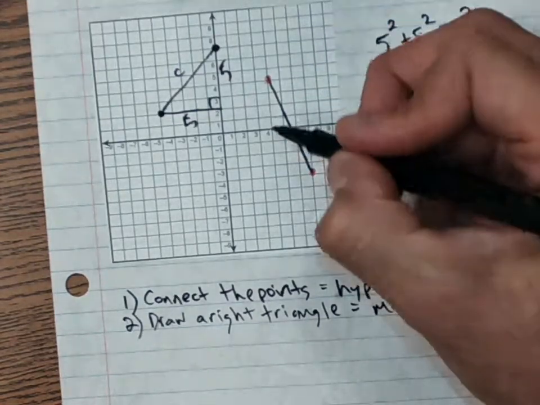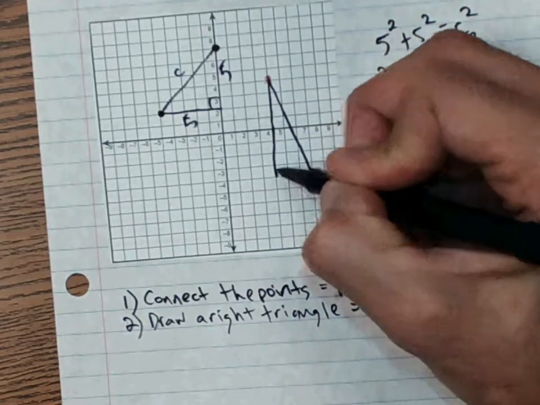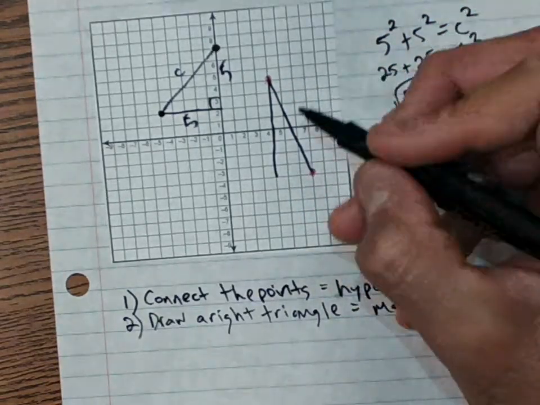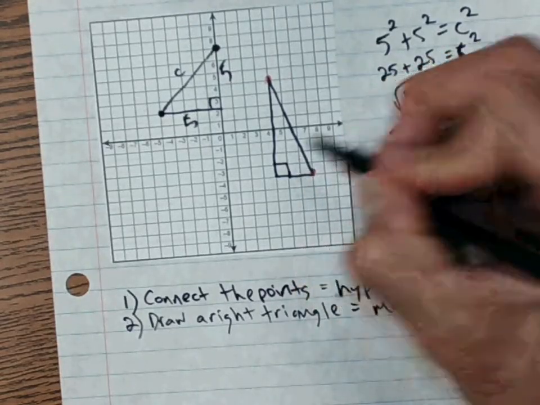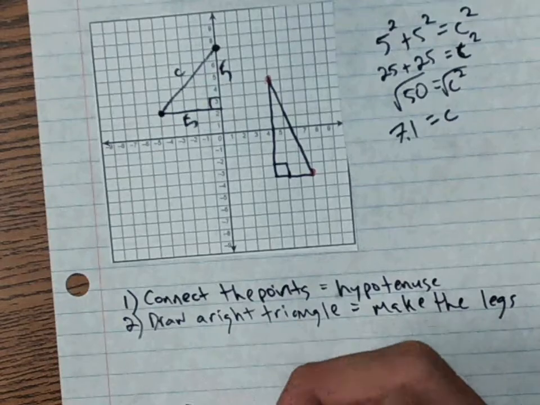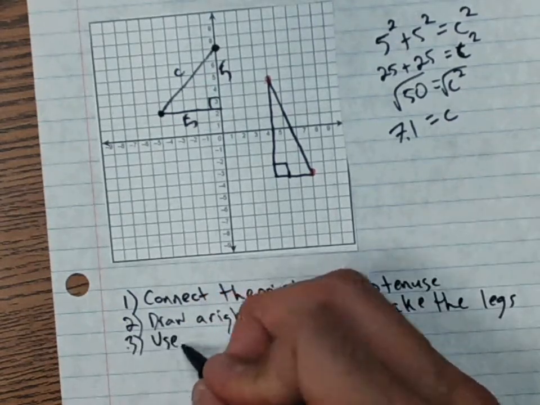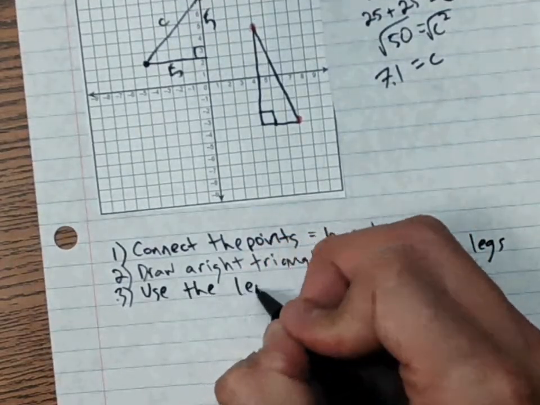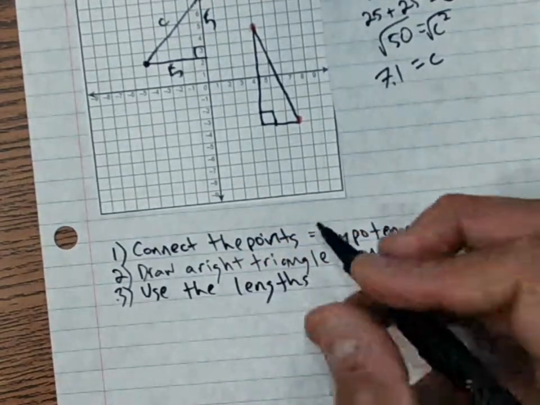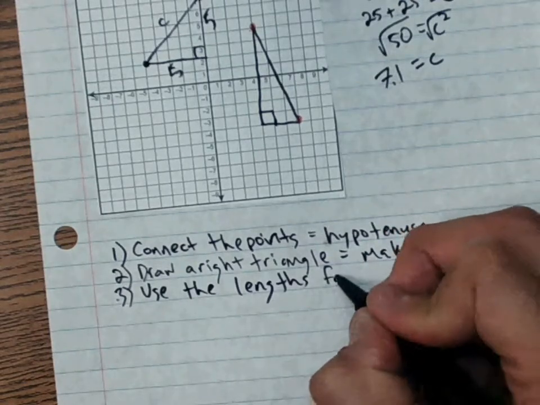So I'm going to start from the top line. I'm going to work my way down until I'm even with this second point, and then draw your second line. So this gives us a right angle. Okay. Step 3, we're going to use the lengths for the legs.